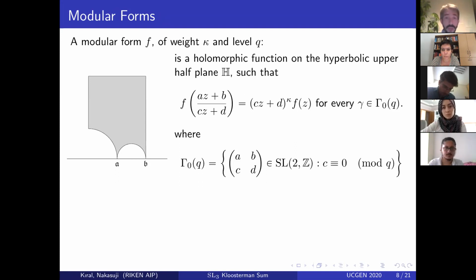It's a model of the hyperbolic geometry. There are isometries of this plane, and those isometries are given as z goes to (az + b) over (cz + d).